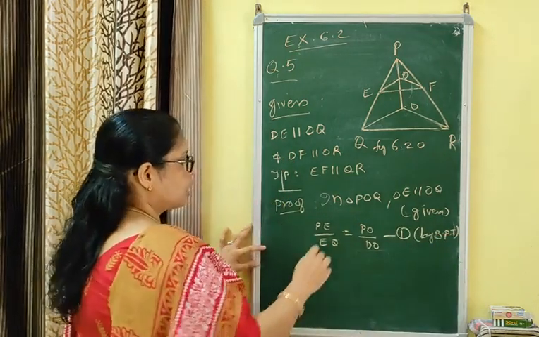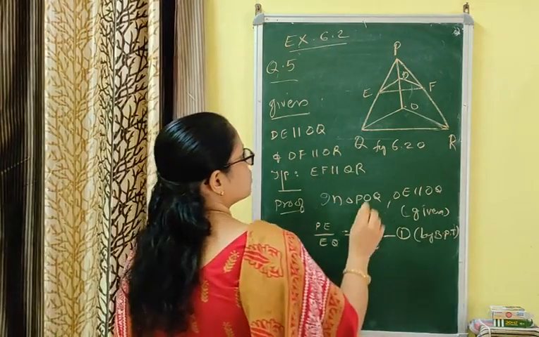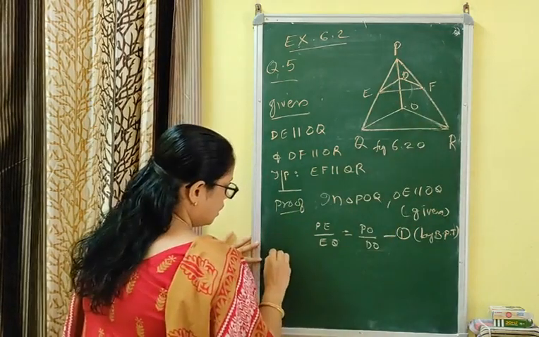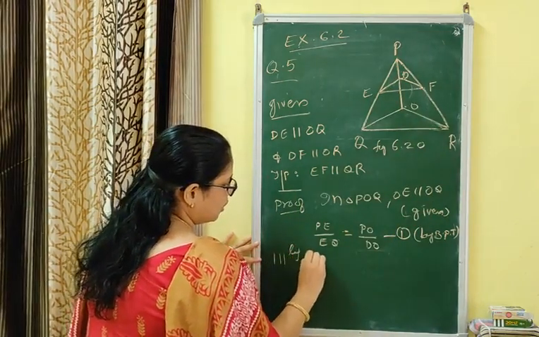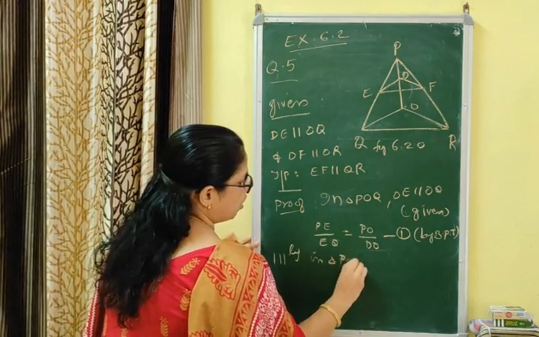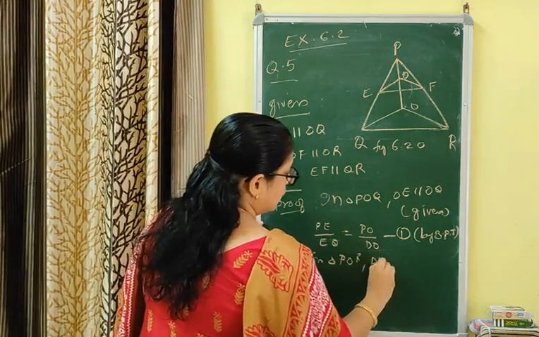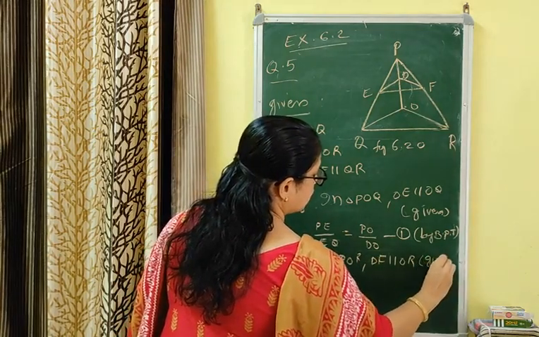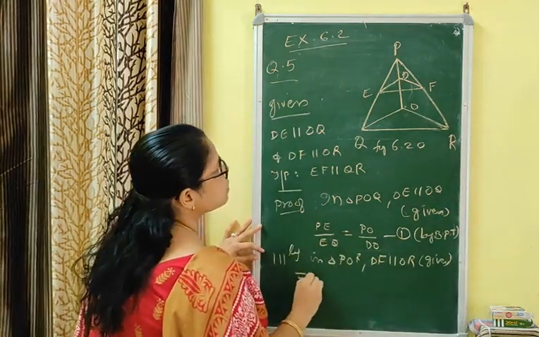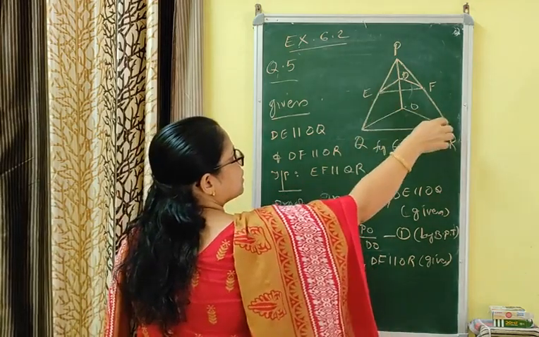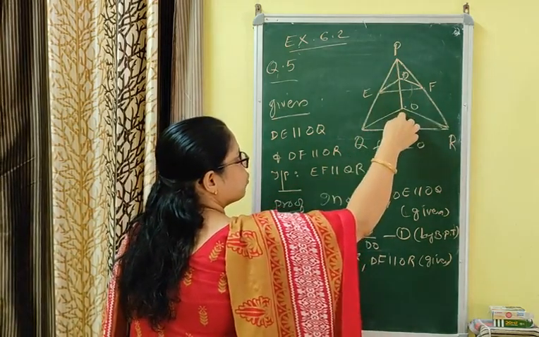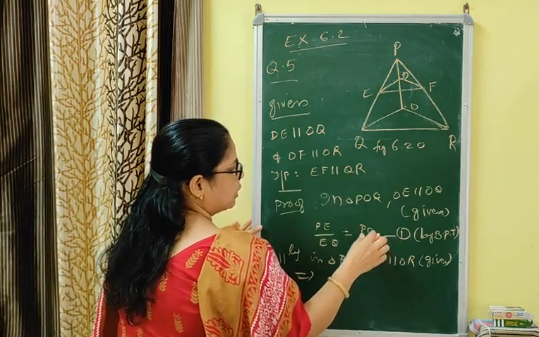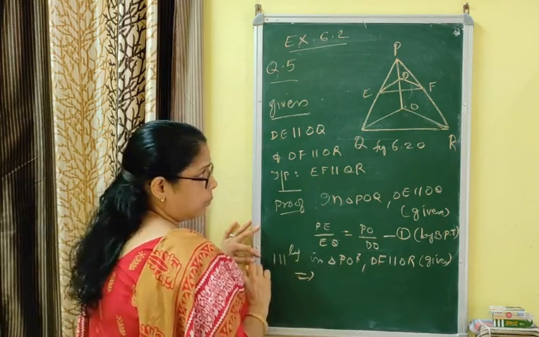Now, this is equation number 1. Now, which triangle can you use? You are given DF is parallel to OR, so you can take triangle POR. Similarly, in triangle POR, again DF is parallel to OR, that you are given. That implies by applying BPT, let us take this one first and after that take PO second, because we are forming two equations so that the right side can be equal.